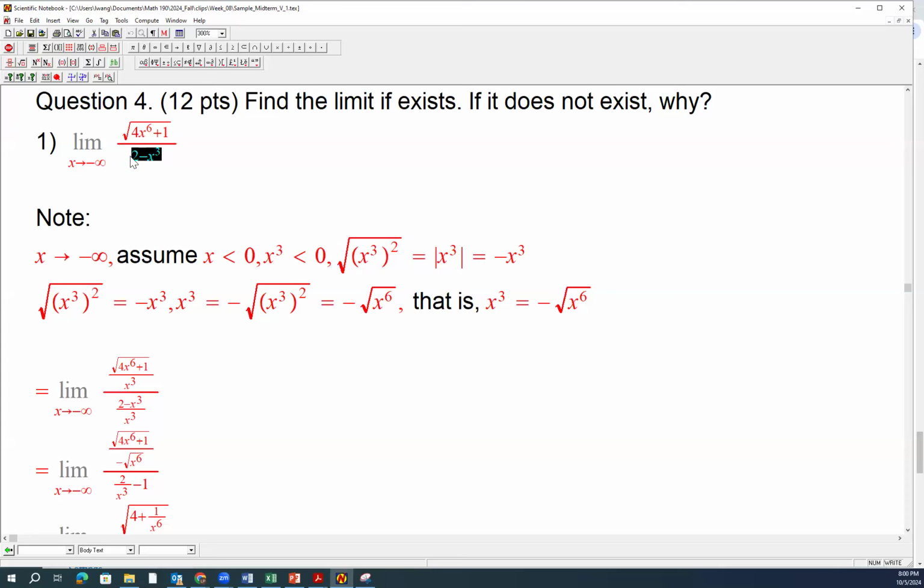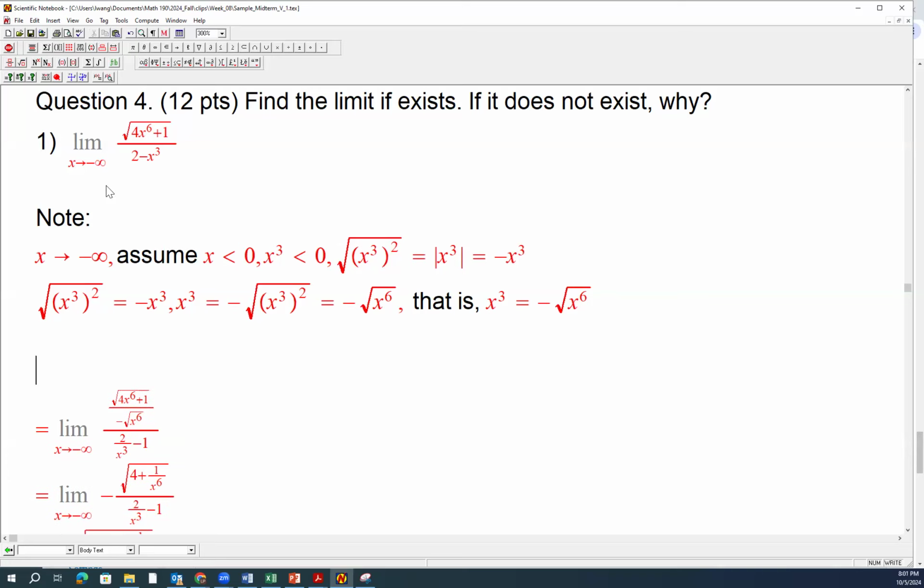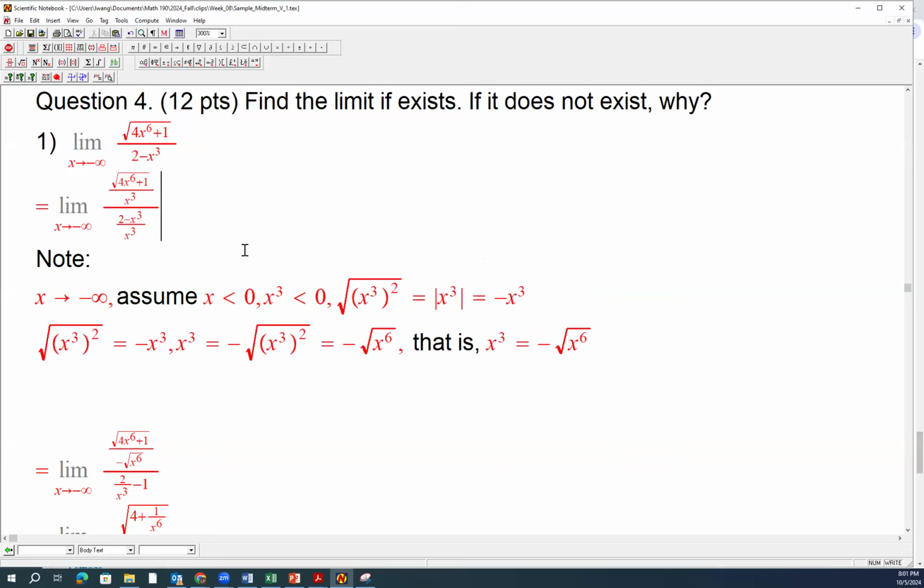The denominator's power is also 3. So the numerator and denominator have the same degree. We know the common technique: we're going to divide both top and bottom by x raised to the power of 3. That would be the first step.